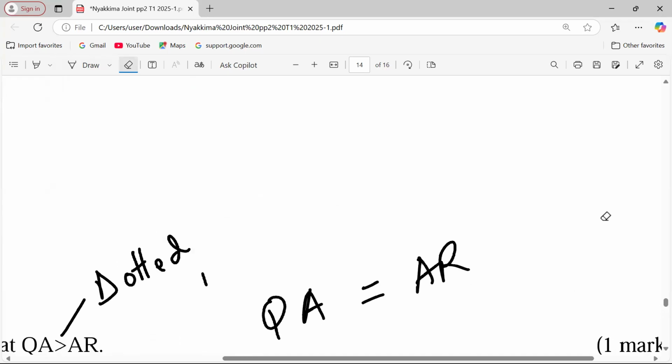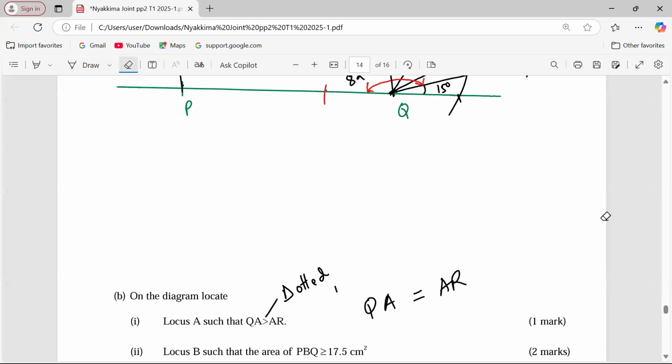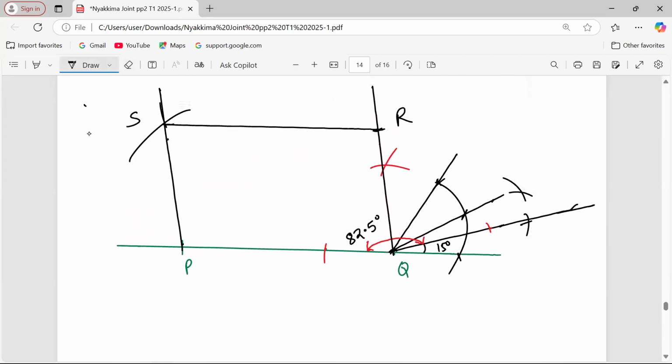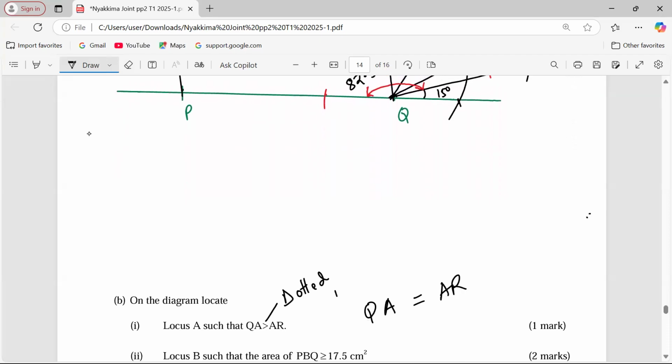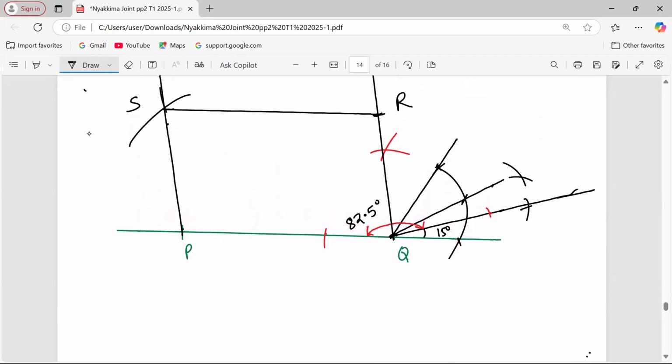Okay. So now to interpret this, it means A is going to be the bisector of QR, actually the perpendicular bisector for this case. So that from Q to A and A to R, the distance is the same.